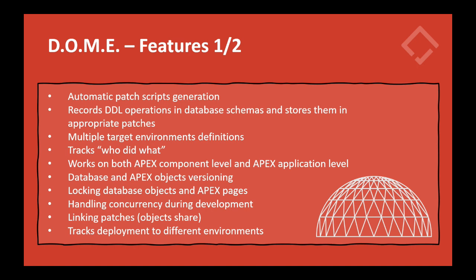This is useful for handling concurrency on the database, and it really lowers a chance that other developer overwrites the changes first developer did and that he loses his work.